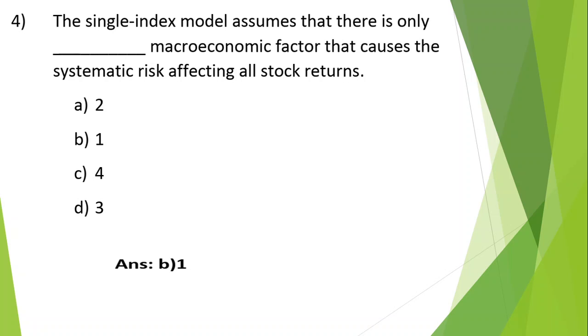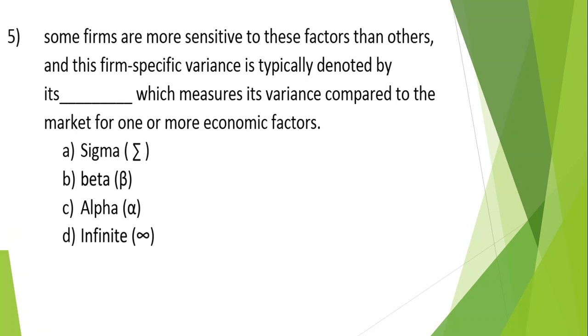Like that, we have another question. Some firms are more sensitive to these factors than others, and this firm-specific sensitivity is typically denoted by its dash, which measures its variance compared to the market for one or more economic factors.